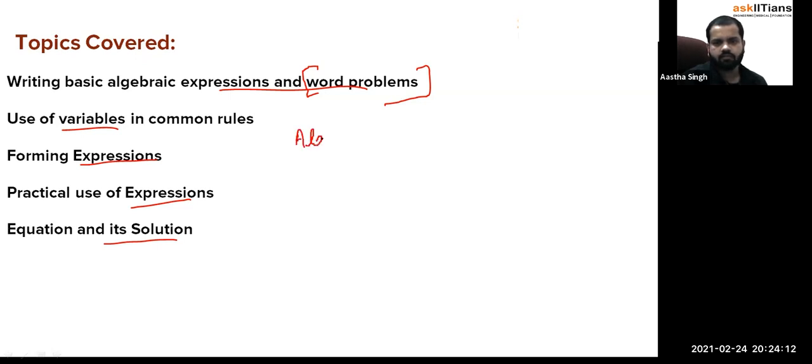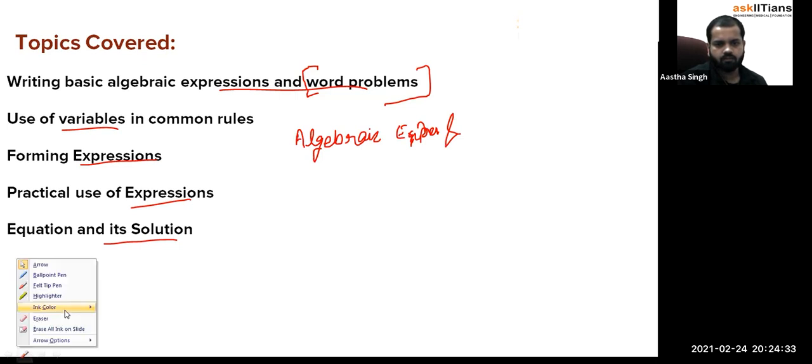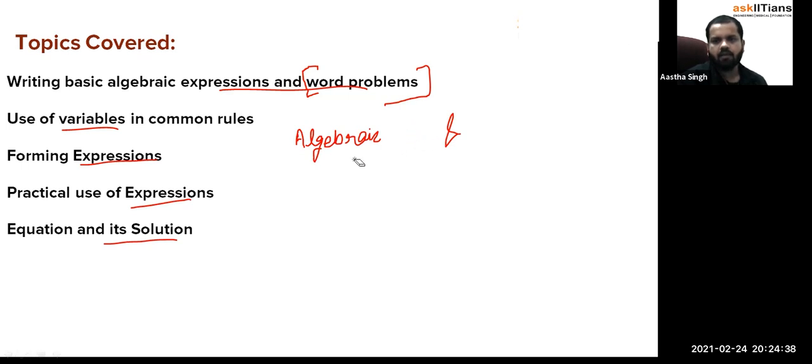What is the difference between an algebraic expression and an equation?